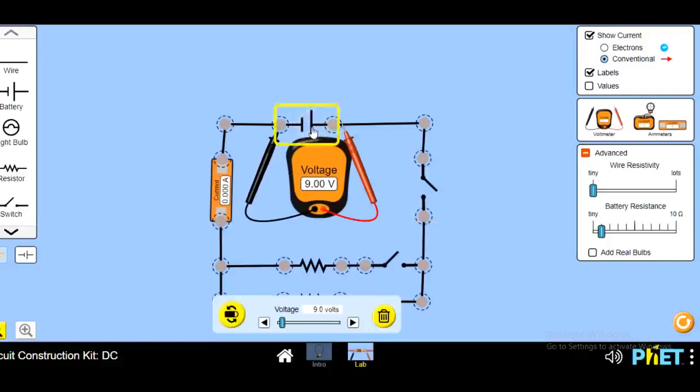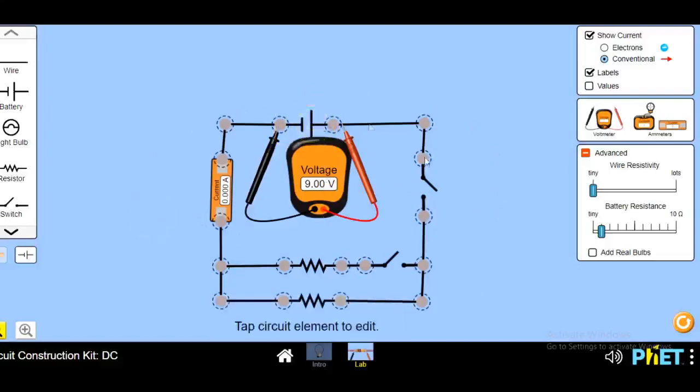Here I have a battery with an EMF of 9 volts and an internal resistance of 1 ohm. You will notice that the main switch is open and there is no current flowing in the circuit.